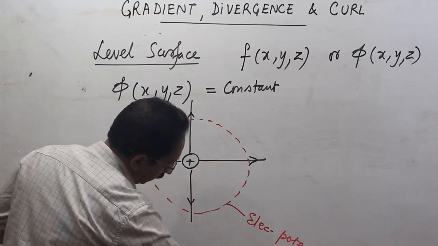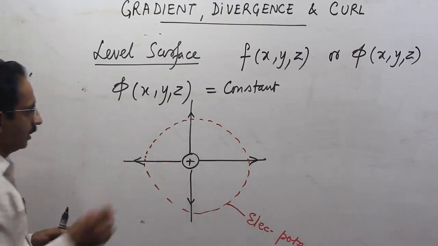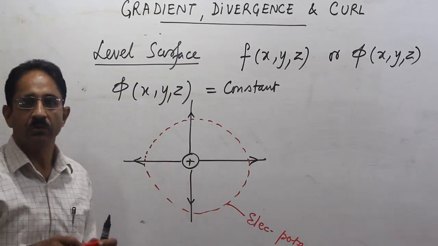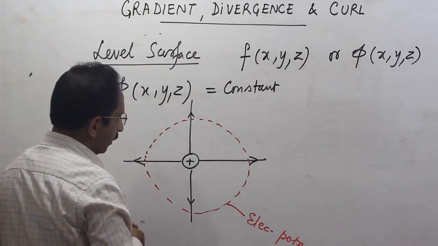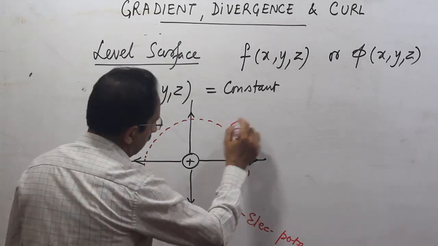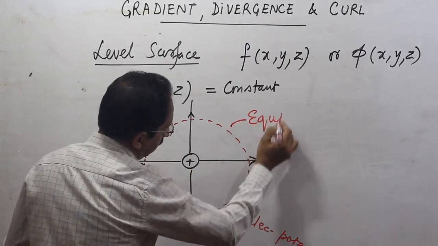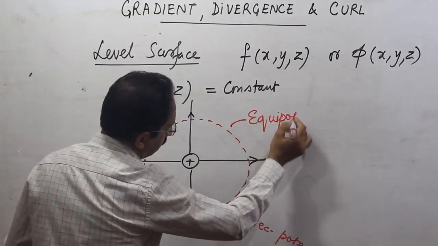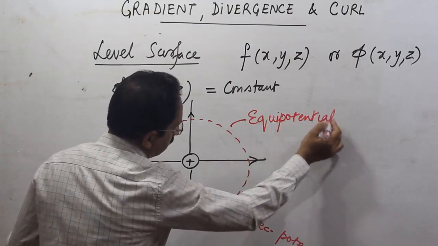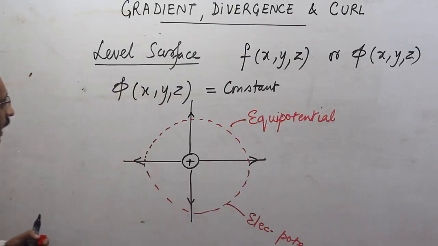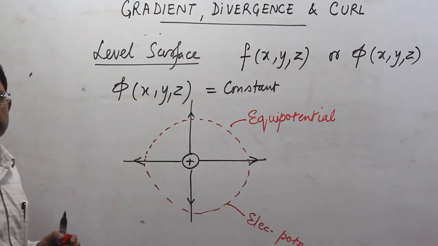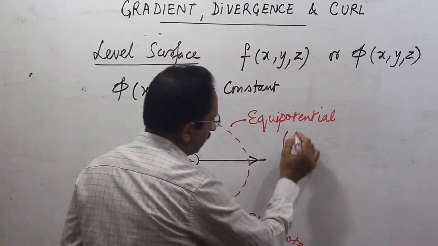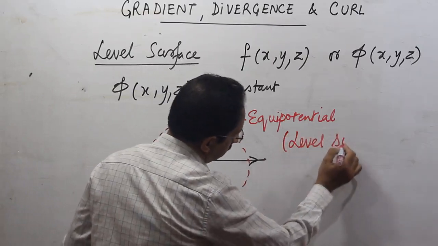Now this electric potential remains constant over the dotted line shown in red. This is what we call an equipotential surface. Now this equipotential, you will agree with me, has the electric potential constant all along, and it is a level surface.